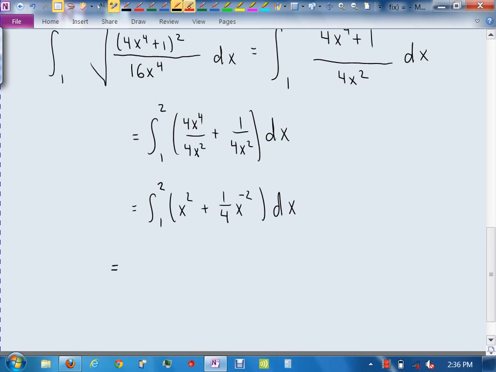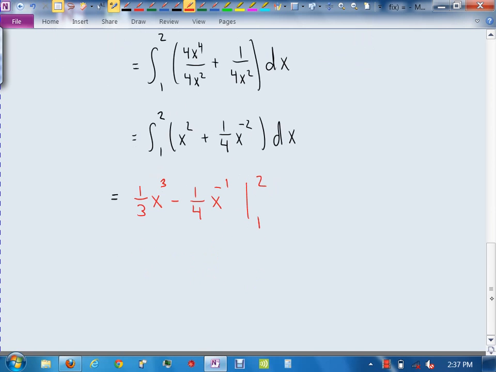This is going to be, I'm ready for my answer, so 1/3 x cubed minus 1/4 x to the negative, oh wait, I'm doing antiderivative, x to the negative 1, evaluated from 1 to 2. I'll let you take it the rest of the way. But you would plug in 2 now and plug in 1, subtract the two answers, that's your length.